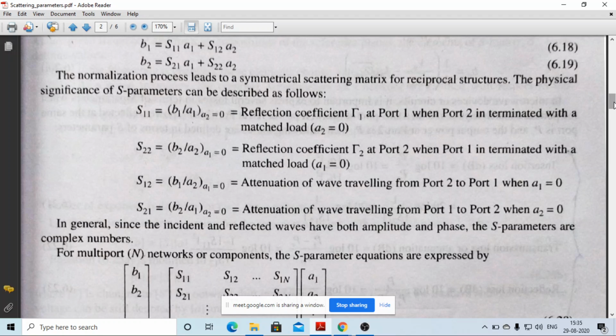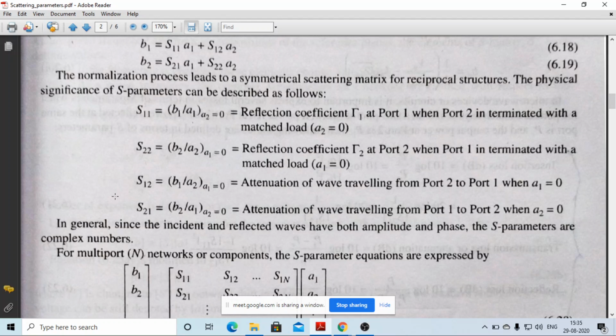And the meaning of A and B: remember that A is the normalized wave amplitude of the incident wave, that is peak voltage or peak current, and B is for the reflected one, the normalized wave amplitude.